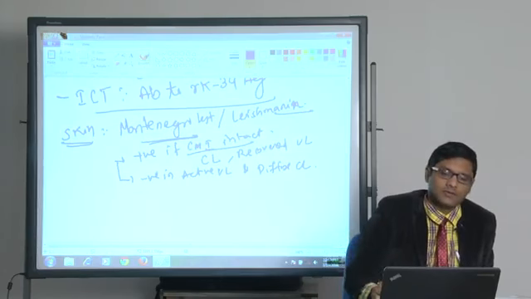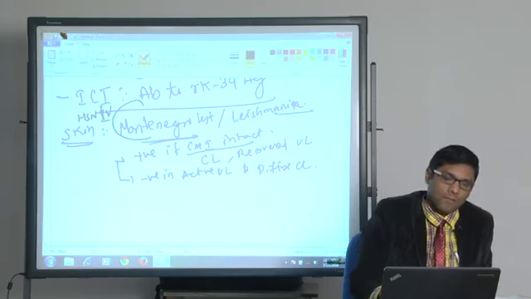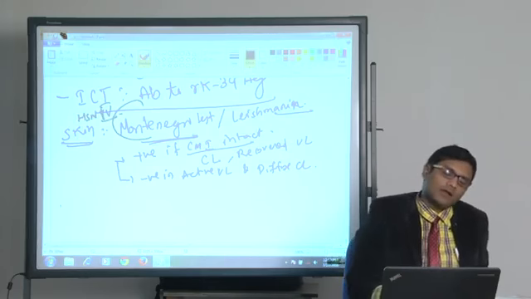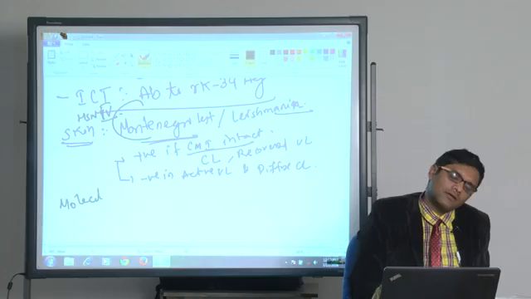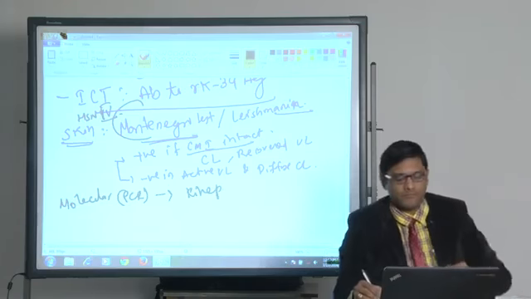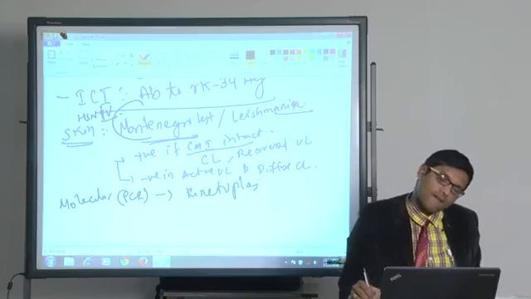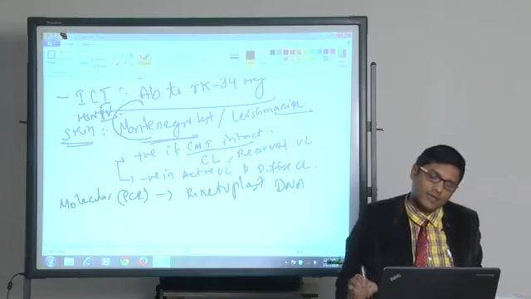So it is hypersensitivity type 4. The Montenegro test is an example of hypersensitivity type 4. Molecular tests like PCR can be done to detect the kinetoplast DNA.